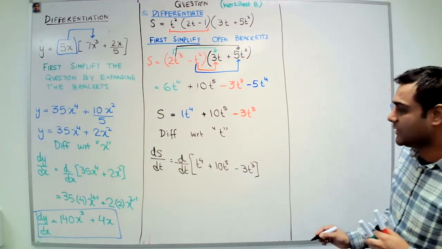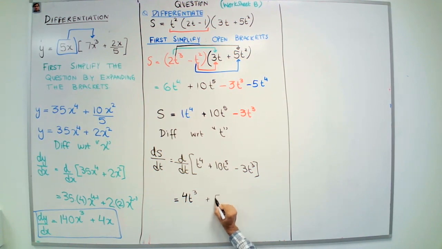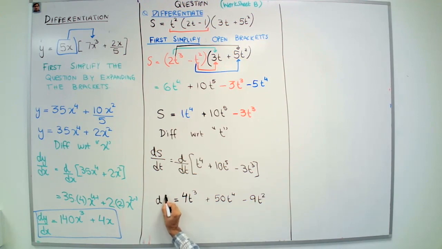Now I need to differentiate that. This will become 4t cubed. This will become 50t to the 4. This will become 9t squared. So ds over dt, this is your answer.